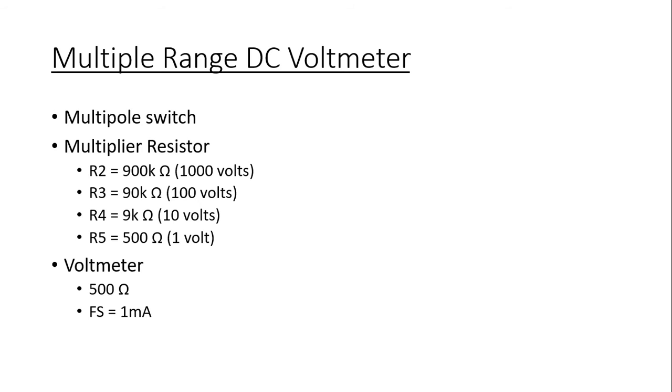So, for a voltmeter with a range of 1 volt, the multiplier resistance is 500 ohms, and for 10 volts it will need 9 kilo ohms. For 100 volts it will need 90k ohms, and for 1000 volts it will need 100k ohms. And the voltmeter movement has a full scale of 1 milliampere and 500 ohms resistance.